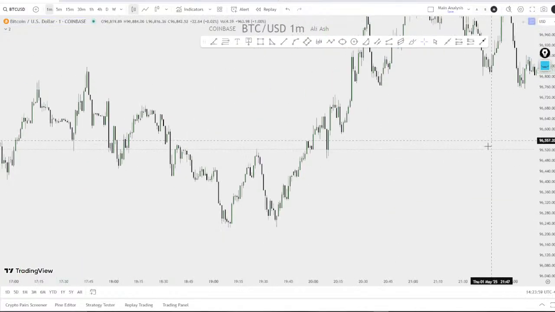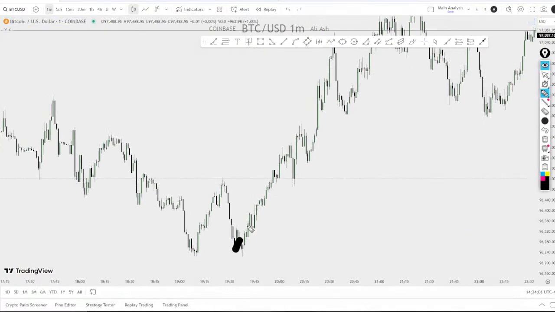As I said, we see our end pattern whenever the market is in a trend. End pattern.